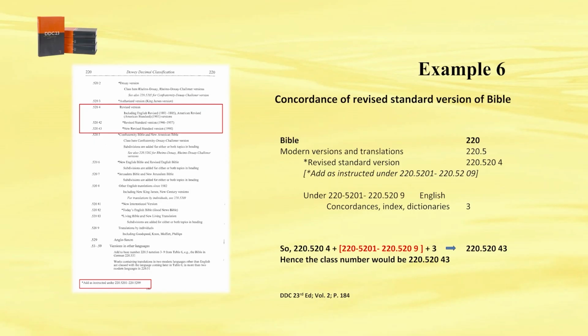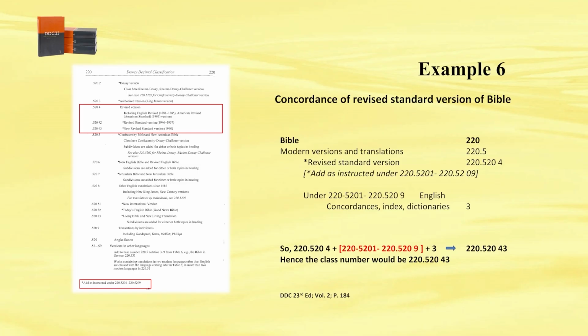So first we have to go to 220, that is for Bible, and 220.5, that is the modern version and translation. Under it, there is Revised Standard Version, 220.5204. Okay, so as we have told you that there should be a direct number for Revised Standard Version of Bible, the Revised Standard Version of Bible will be 220.5204.